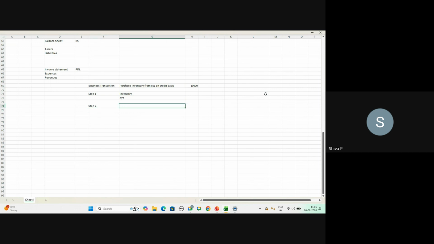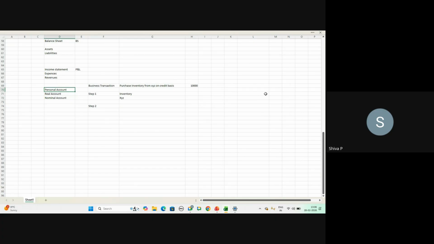Identify the account type. Do you know the account types? What are the account types? Anyone can tell? Personal account, nominal account, personal account, real account, nominal account. What is it called? Accounting golden rules. Right? So as per accounting golden rules, even SAP follows the same principles. Okay. We are enabling the system in such a way.